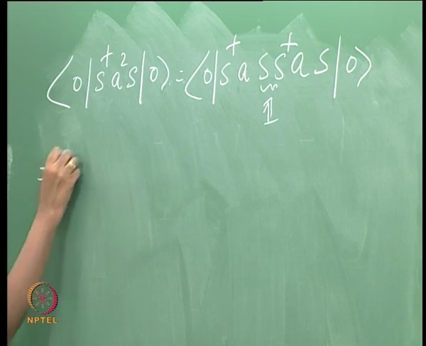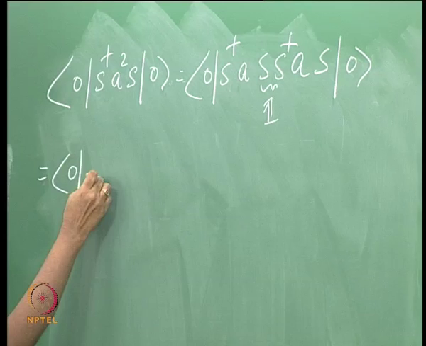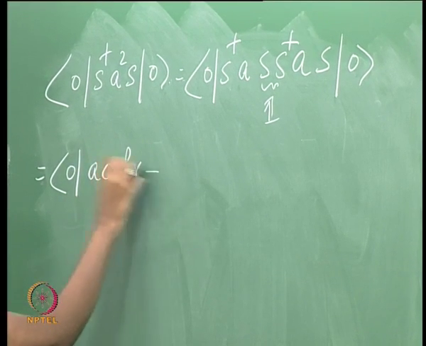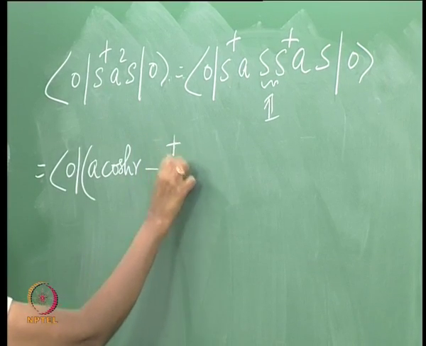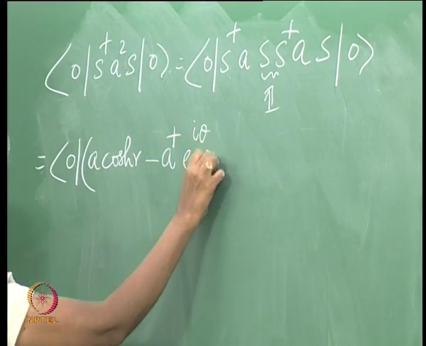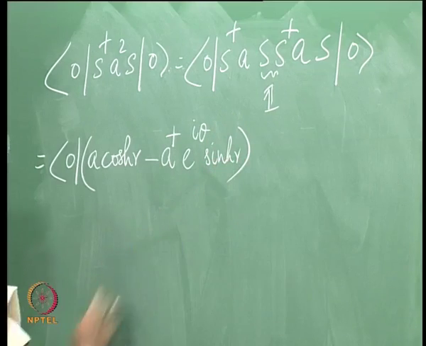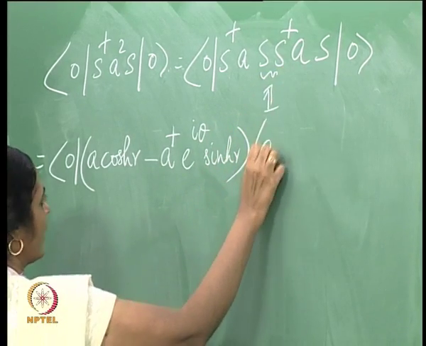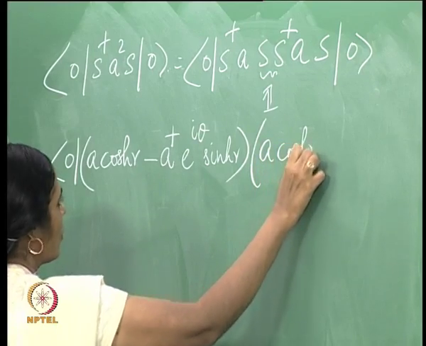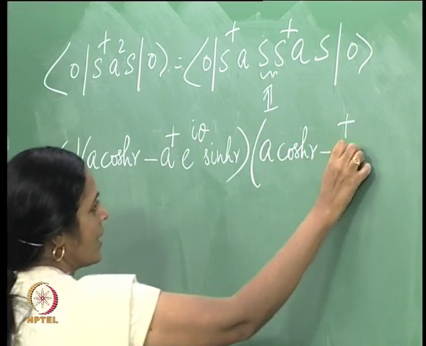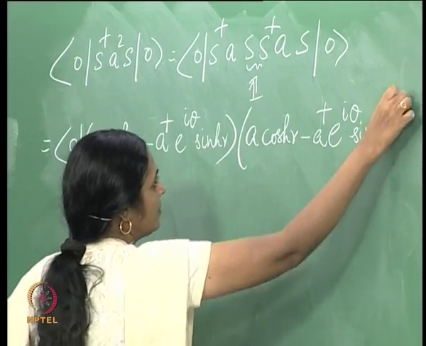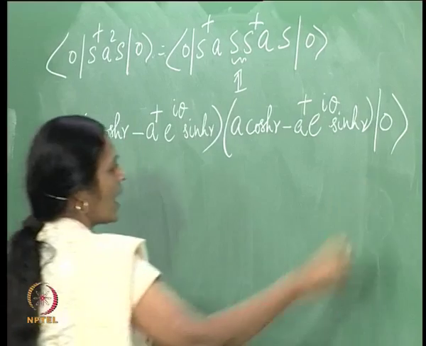Therefore, this is 0 S dagger A S, which is A cos hr minus A dagger e to the i theta sin hr. That repeats because there is another S dagger A S here. So, that is A cos hr minus A dagger e to the i theta sin hr, acting on ket 0.